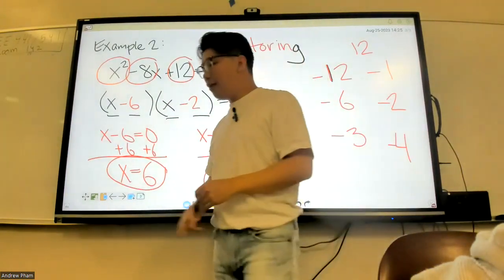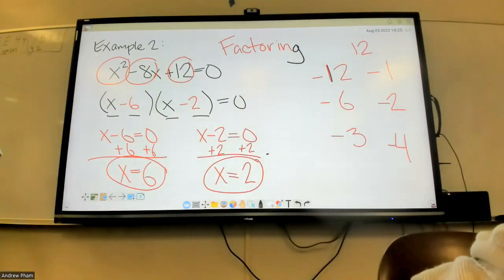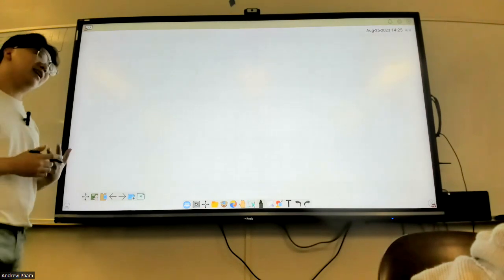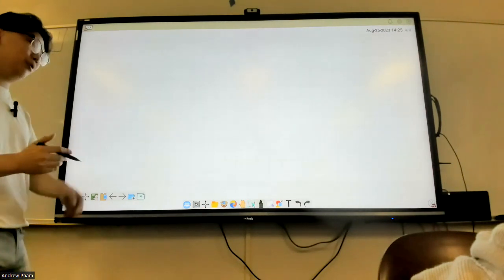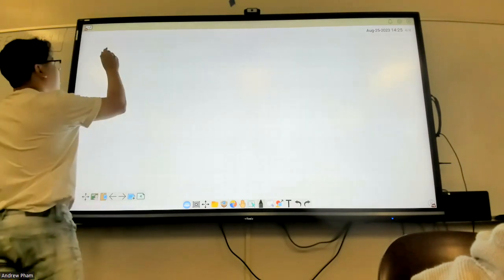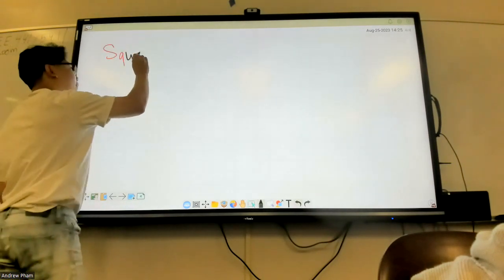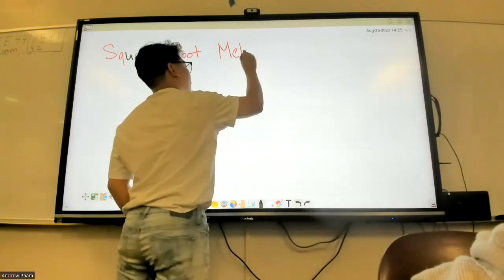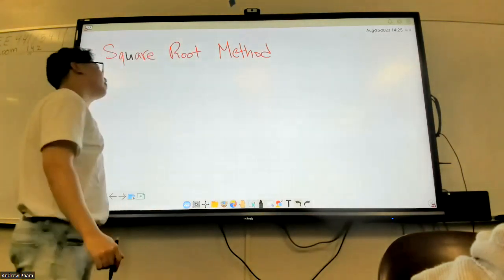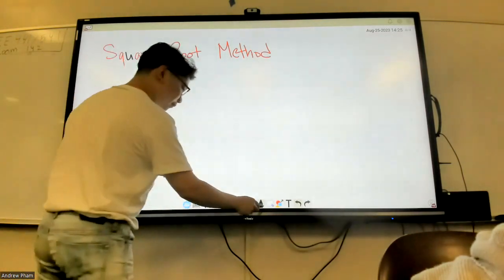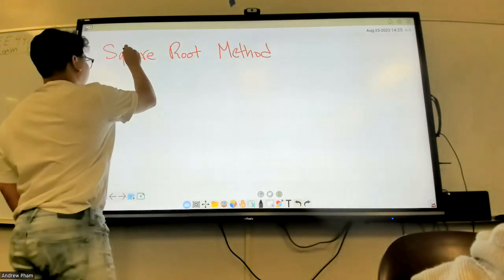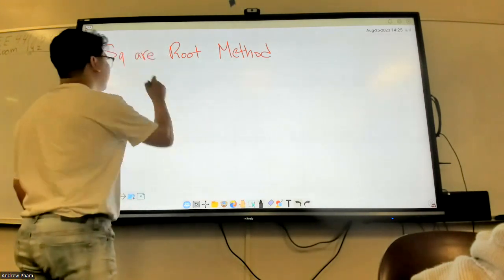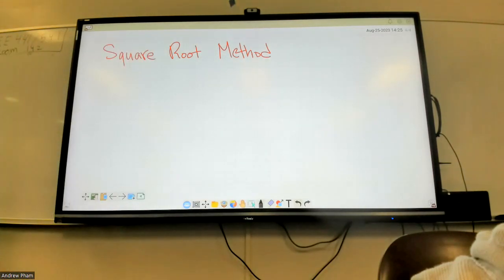All right, so this was example 2. Now let's go ahead and talk about our second way that we can solve a quadratic. So the second way that I might solve a quadratic, we actually used this earlier in example 1. I'm going to call this the square root method.